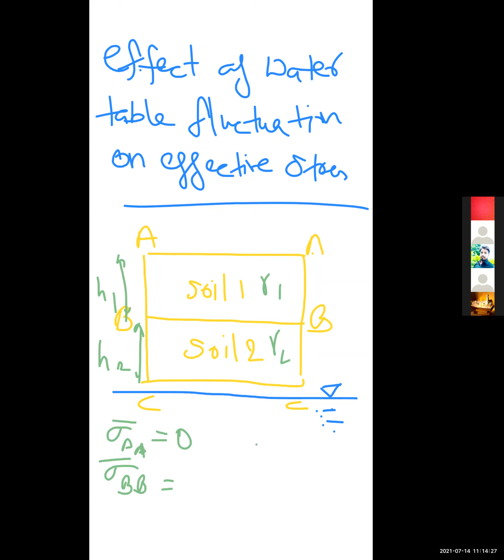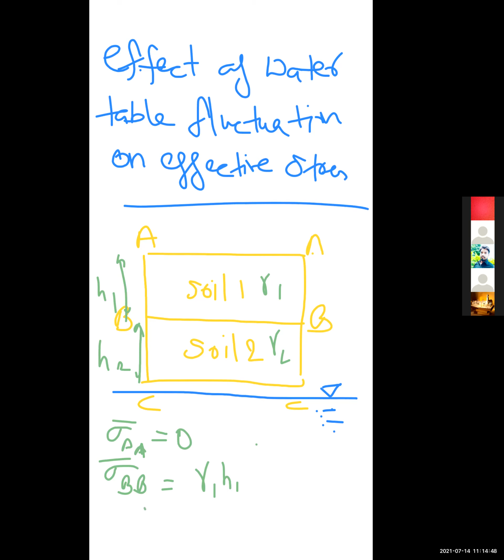Effective stress at layer B is gamma 1 into H1. Is there any pore water pressure? No. So effective stress is equal to total stress, that is gamma 1 into H1.